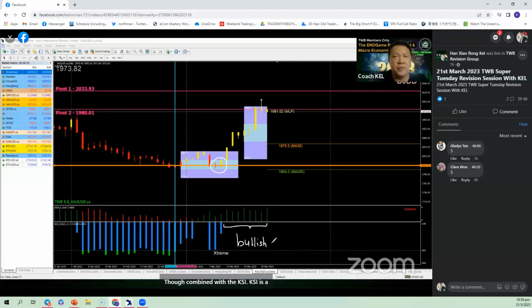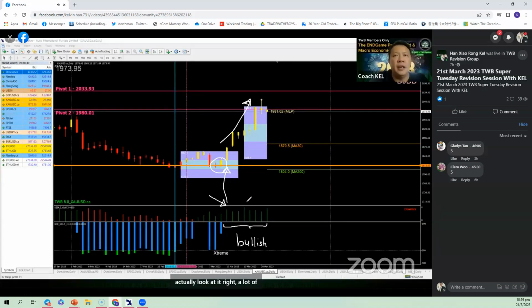Combined with the KSI, which is a big boys indicator, KSI and KCX combined is very, very bullish. Can you see right now? So that explains why gold recently is so strong.